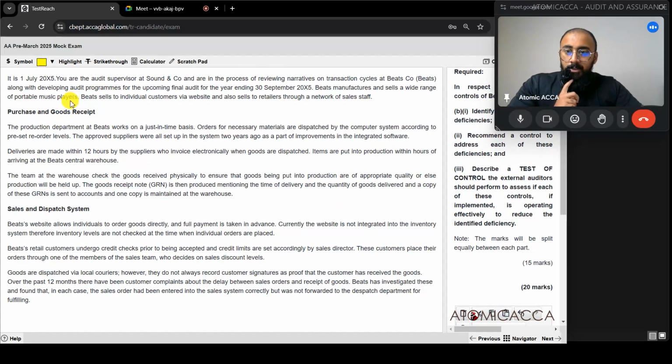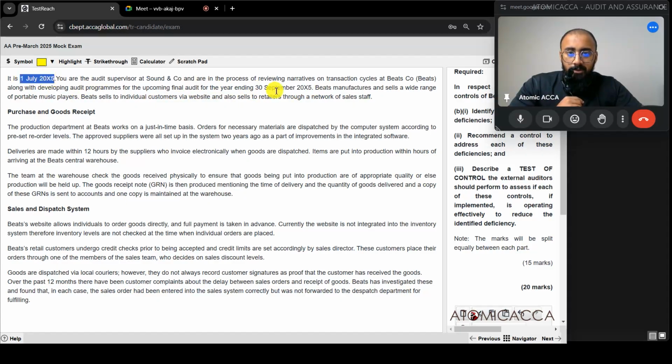It is 1st July 20x5. You're the audit supervisor at Sound and Company, and are in the process of reviewing narratives on transaction cycles at Beats Company. So Beats is the client, Sound and Company is the audit firm. Along with developing audit programs for the upcoming final audit for the year ended 30th September X5.